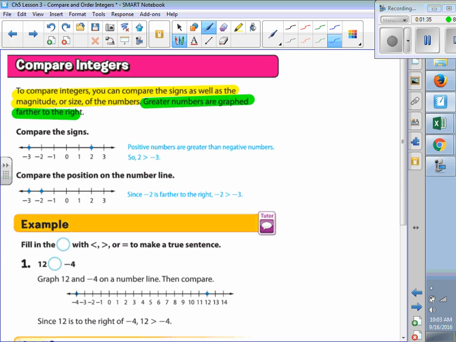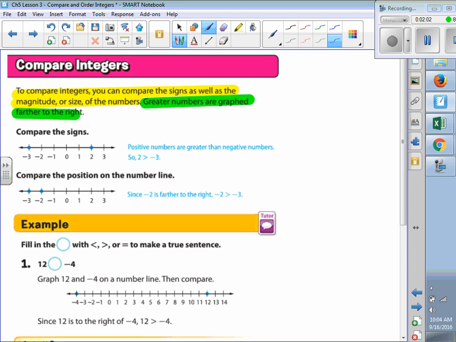And of course, integers include positive whole numbers, their opposites, which are the negatives, and zero. Is everybody clear? So we have positives, negatives, and zero.